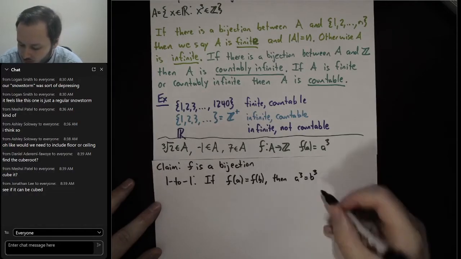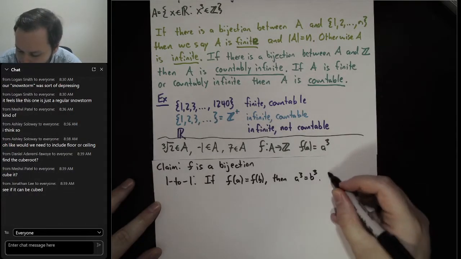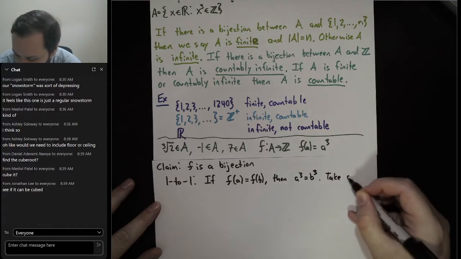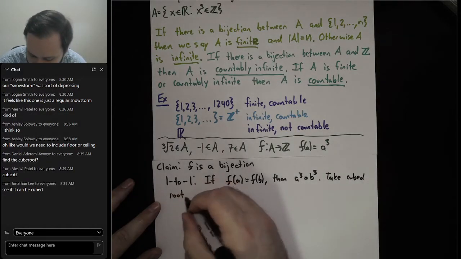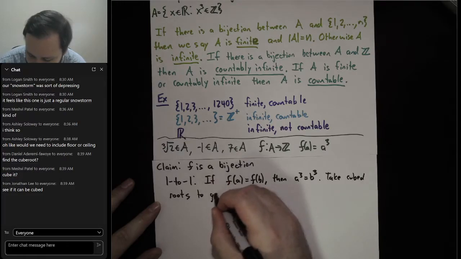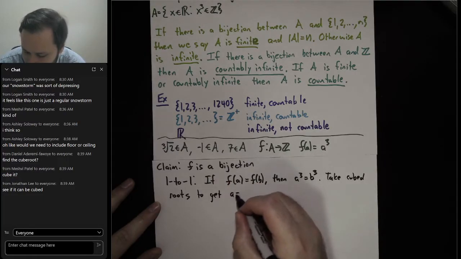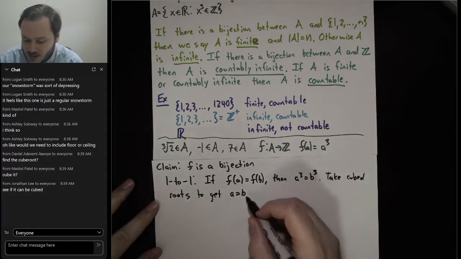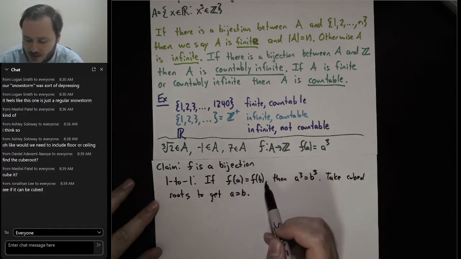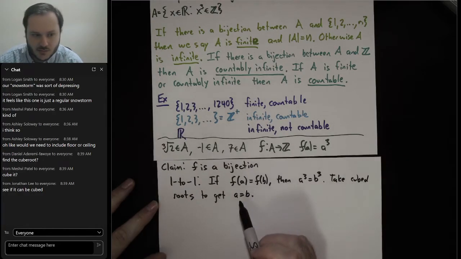So I can take cube roots to get a is equal to b. So that means if I got the same output, I actually started with the same input at the beginning.